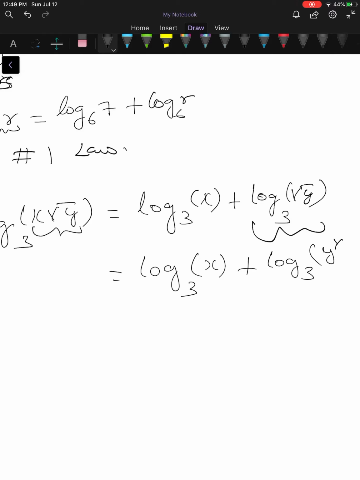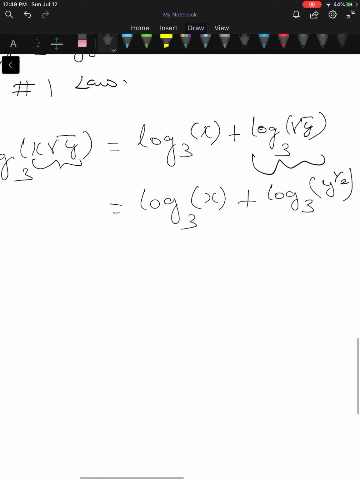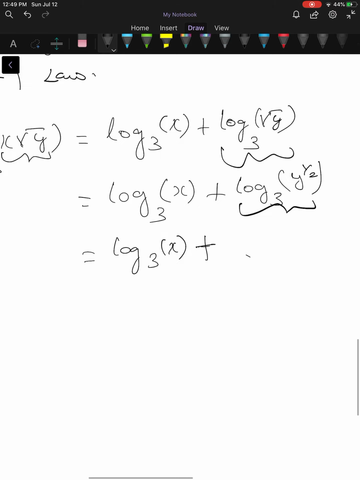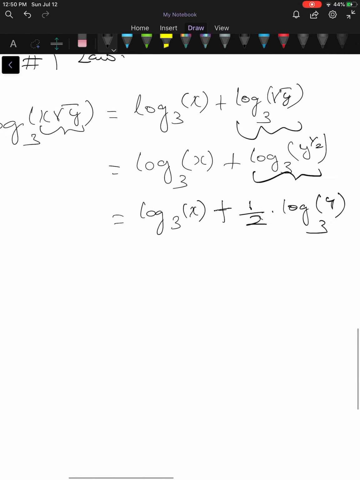You cannot do anything with the first term, but with the second term you can write square root of y as y to the power of 1 over 2. And again applying law 3 for the second term, we get log of x to the base 3 plus half times log of y to the base 3. So this is the maximum expansion that is possible.